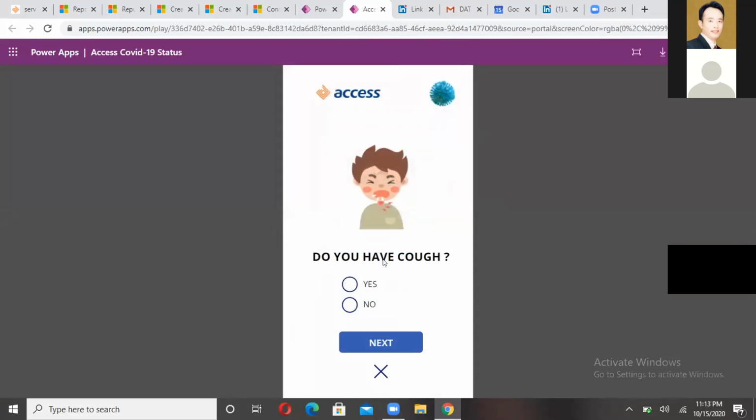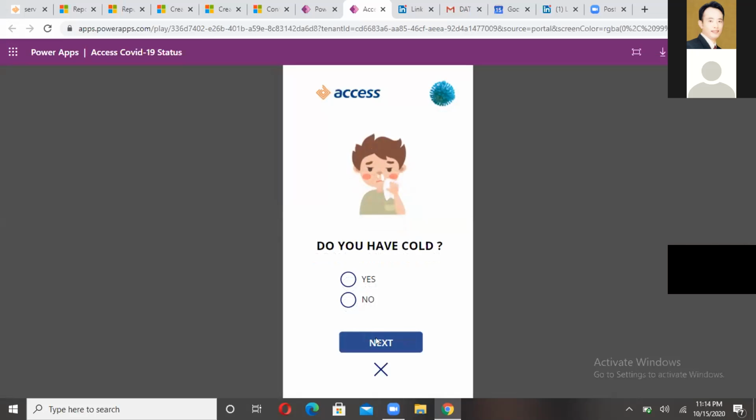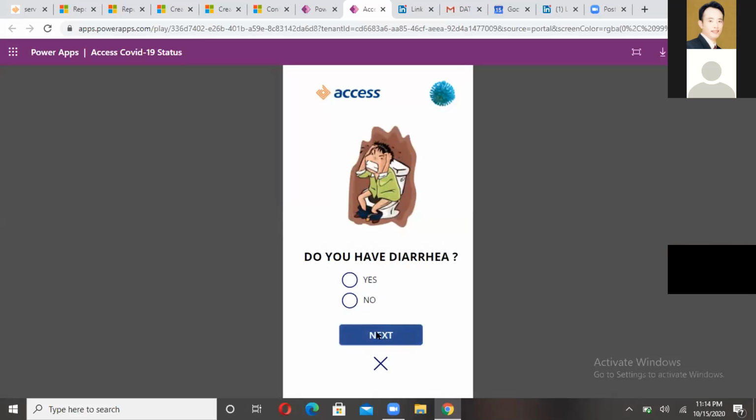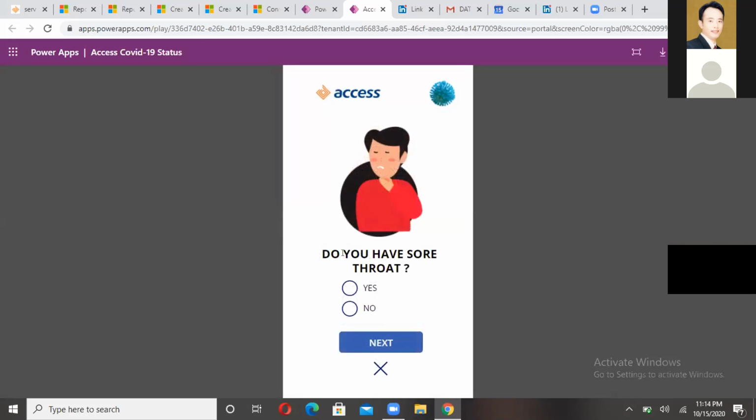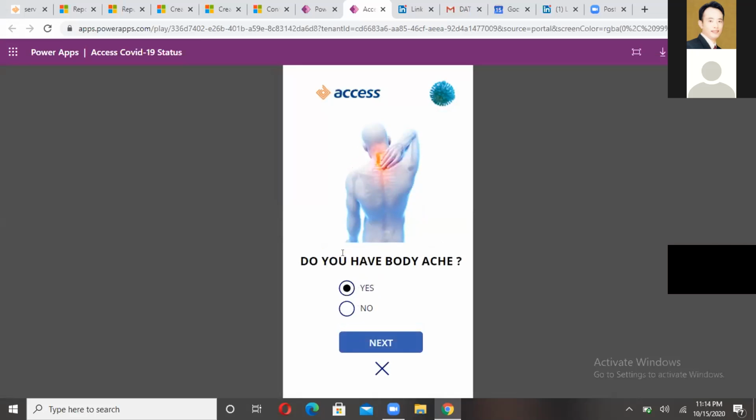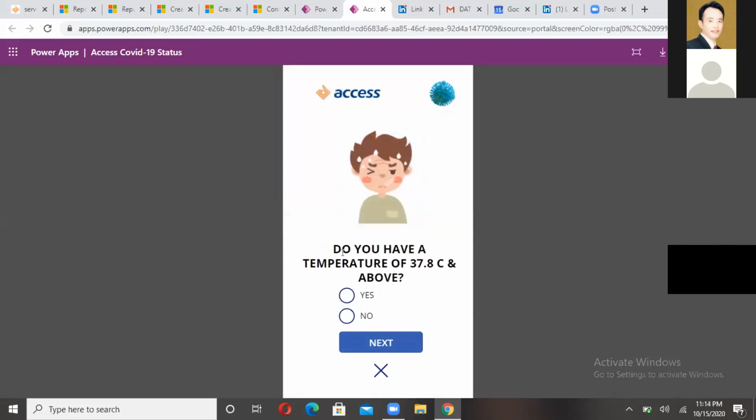So a self-test. You could say, do you have cough? So you can say, oh, yeah, I have cough. These are basically built on the COVID symptoms. Do you have cold? You can say okay, or you can say no. These are built on some basic logic, like scores that have been assigned to different questions.